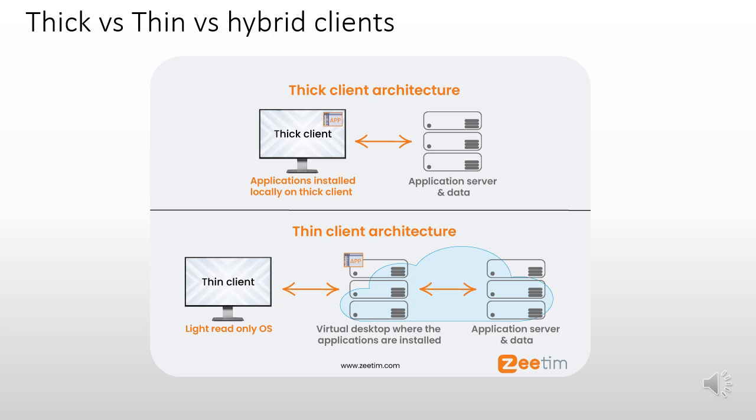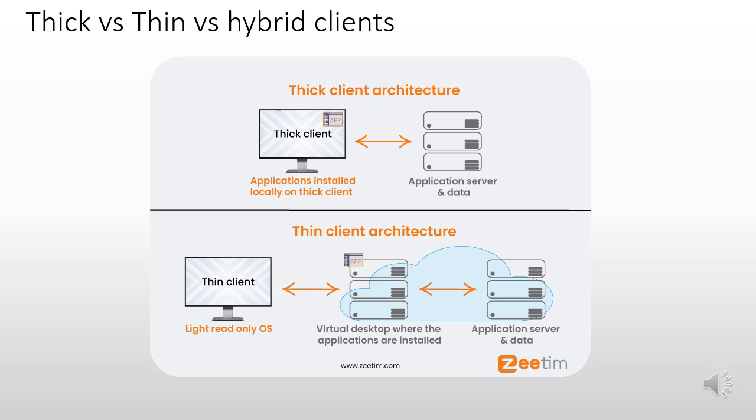Understanding the thick versus thin versus hybrid clients. A thick client is a program which is installed on the computer, and then the client will connect to the server and retrieve the data to render on the client side.